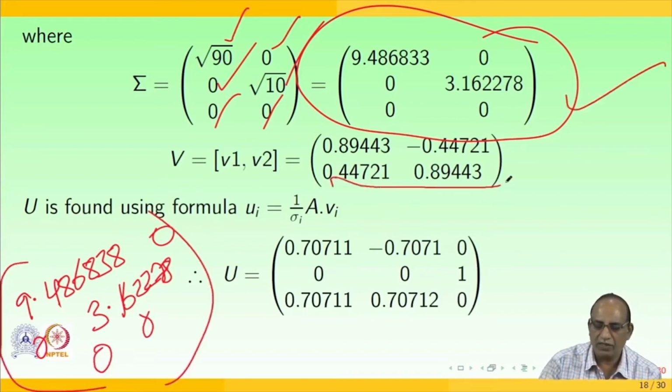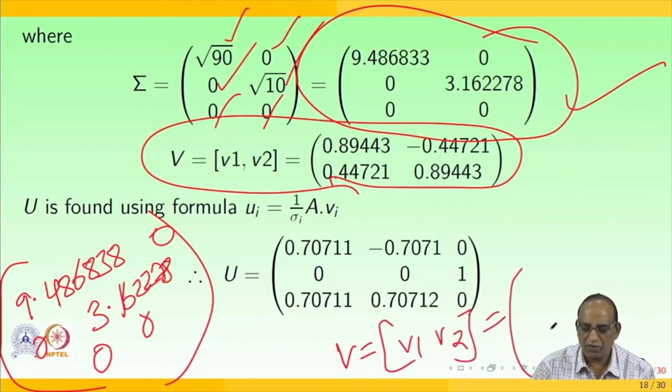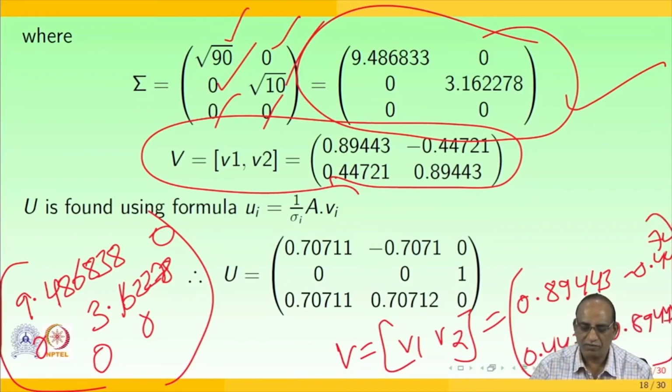And V is equal to V1 and V2, which is equivalent to 0.89443, minus 0.44721, 0.44721, 0.89443.